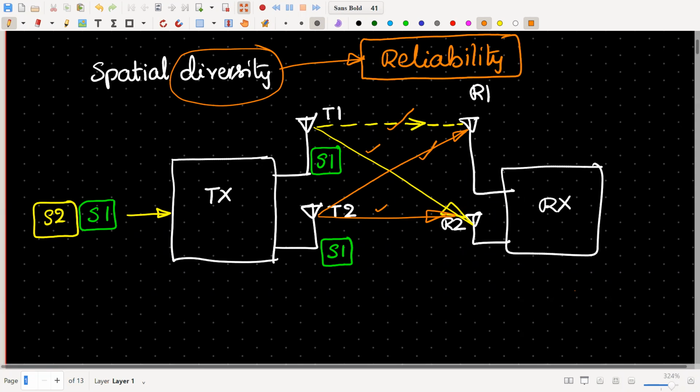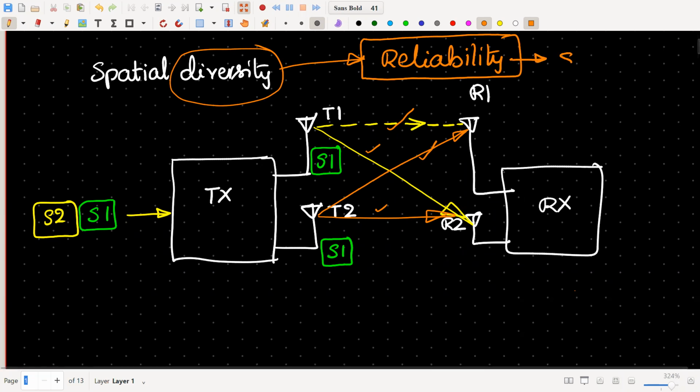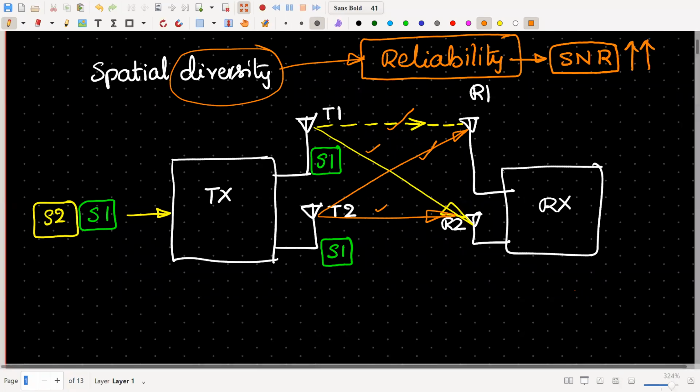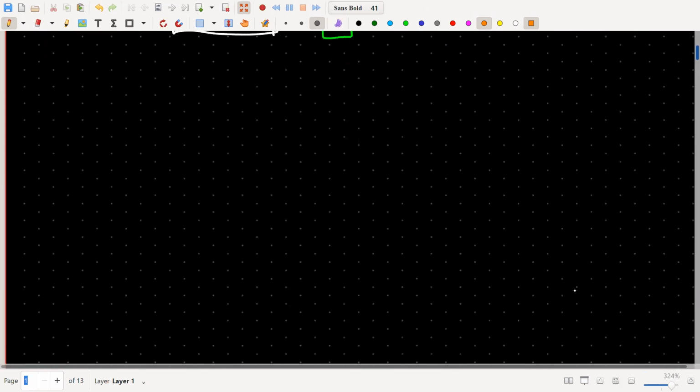Therefore you'll have a successful transmission, so you can say that you have good reliability. When reliability is good, that means you have good signal to noise ratio at the receiver end. So with diversity, we can achieve good reliability and hence SNR. So what can we achieve with this?